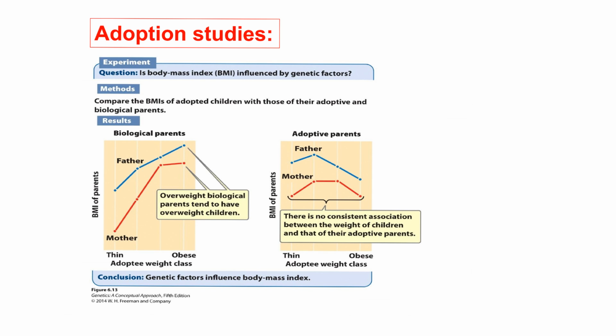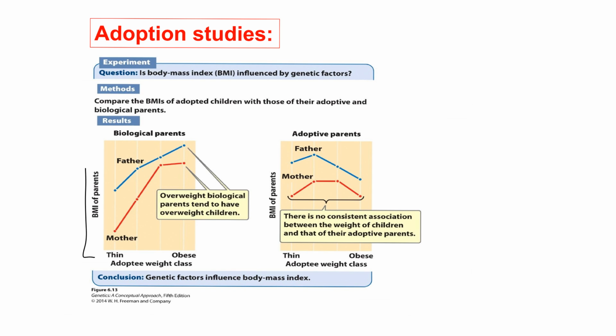So how does it reflect, and what does it tell us? If you take such an analysis and you analyze body mass index, for example, in children who were adopted, and compare it to corresponding biological parents and corresponding adoptive parents. The first graph right here shows you the comparison of adoptee to biological parents.